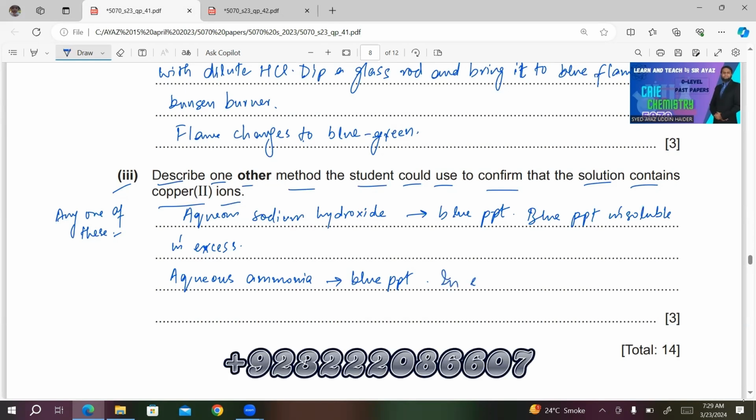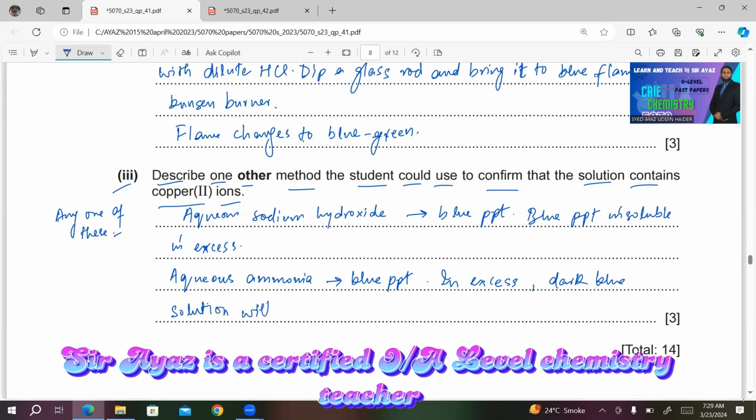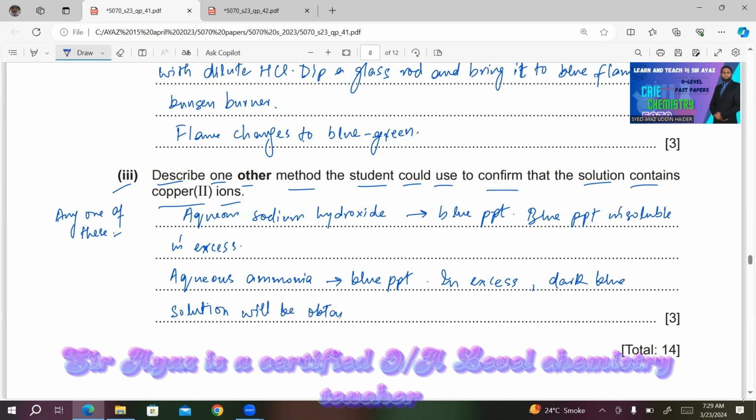In excess solution, in excess, dark blue solution will be obtained.